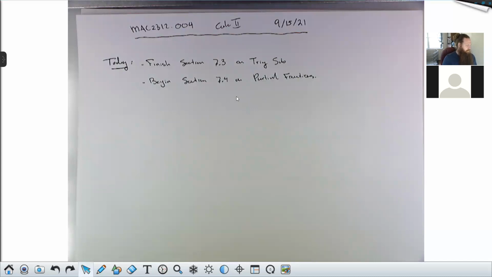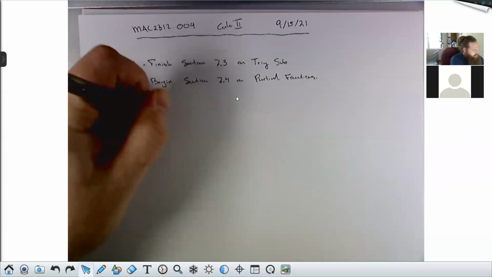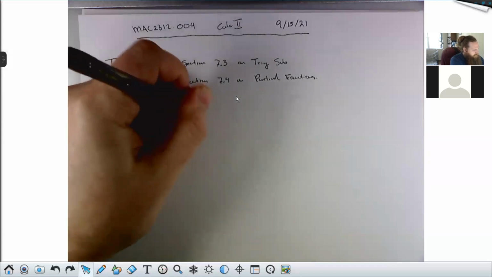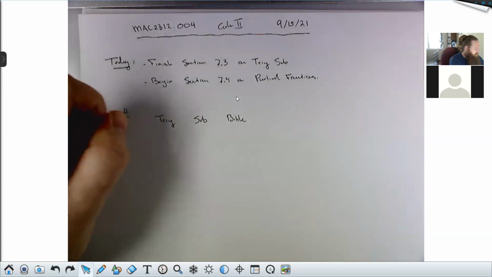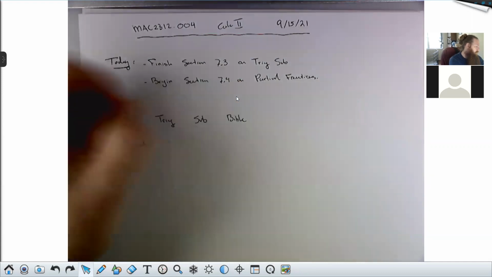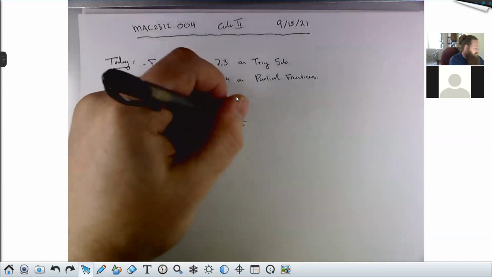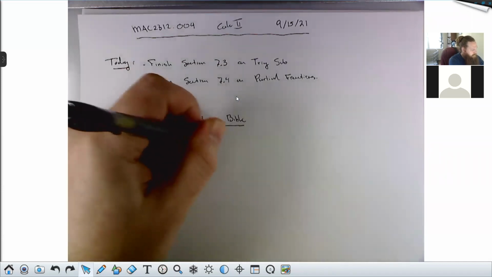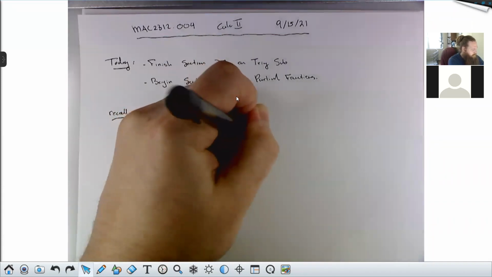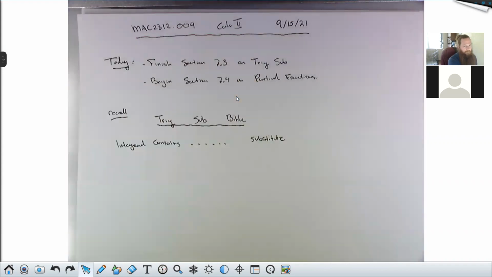Let's do the trig sub thing. So remember your trig sub Bible. That says if your integrand contains an expression of the form I'll put here, then you should make the substitution that I'll put down here.